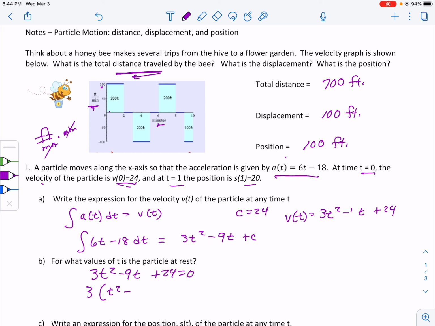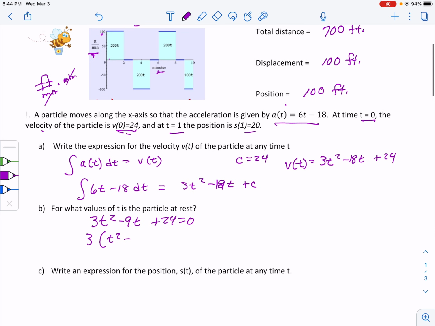So this is 18t. When you factor out 3, you get t squared minus 6t plus 8. That looks better. And when I factor, you get t minus 2 and t minus 4. So when is it at rest? t equals 2 and t equals 4.